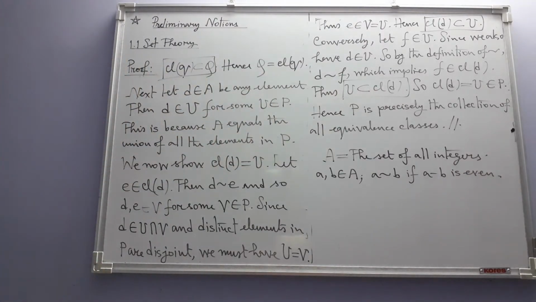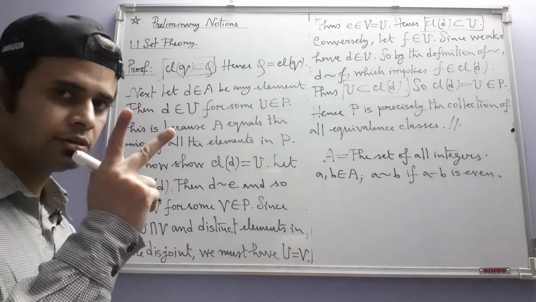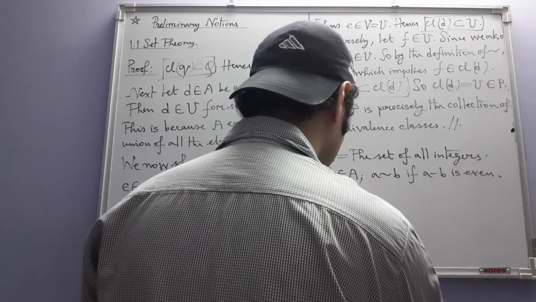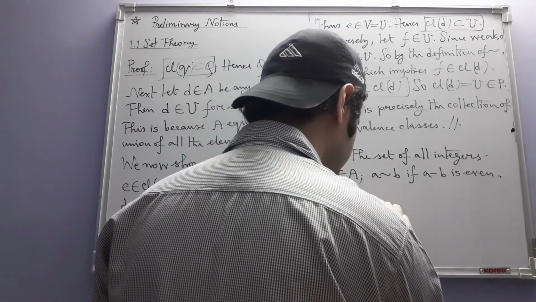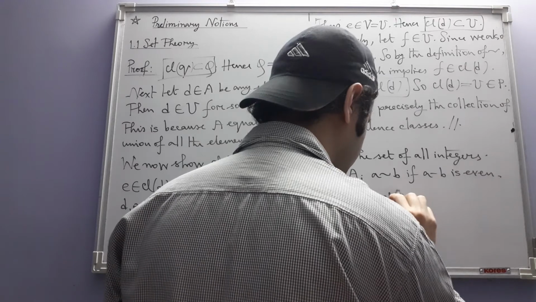Now the equivalence classes we have already seen, there are two equivalence classes, class of 0 and class of 1.